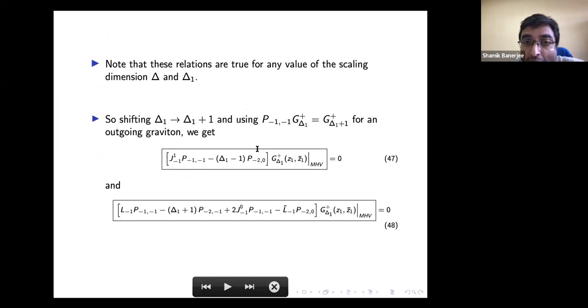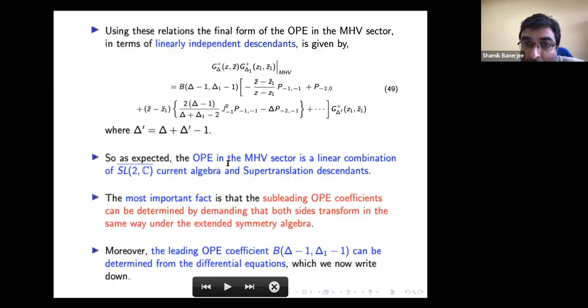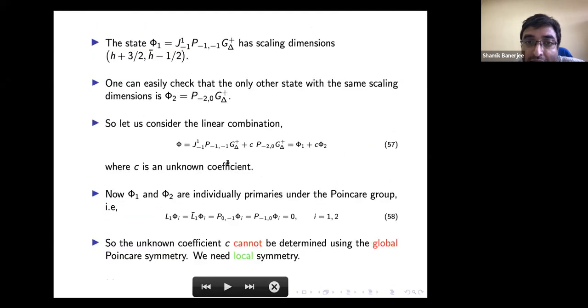Suppose I want to get this one. So what we did was that we started with this state phi, which is something plus some C, where C is some undetermined constant. And then just by demanding that phi has to be a primary under the SL2 bar, that just gives me this C.